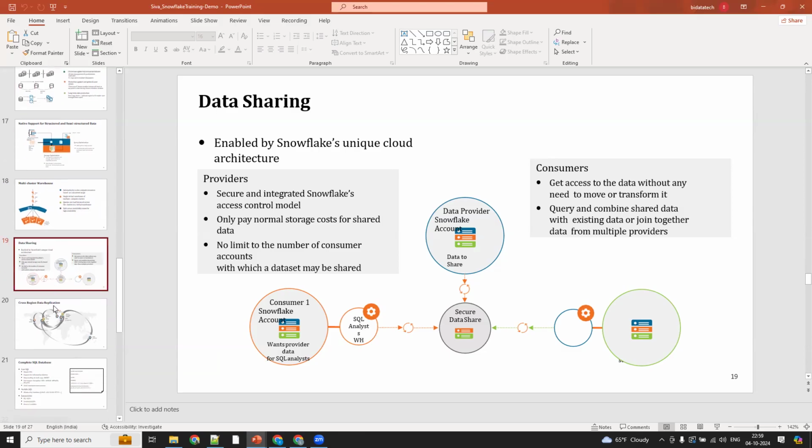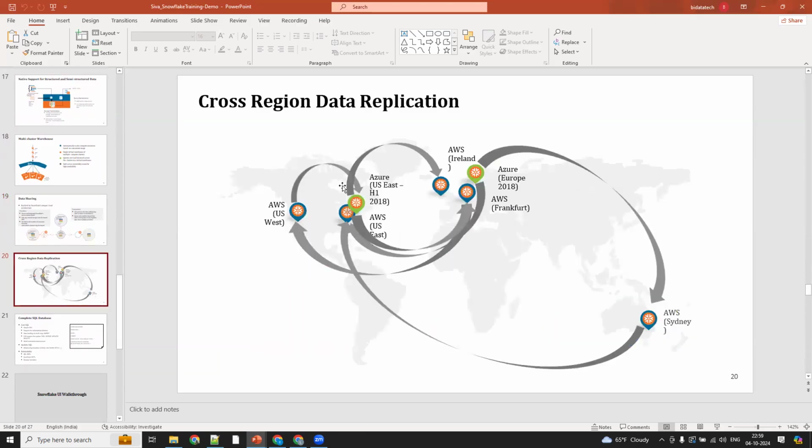And as I mentioned, if you want to replicate the data, let's say I've created one Snowflake account here, and let's consider the data is stored in one particular data center. You want to maintain high availability on top of your data. I'll talk about high availability later. If you want to maintain that, you can replicate the data from one data center to another, one Snowflake account to another Snowflake account.